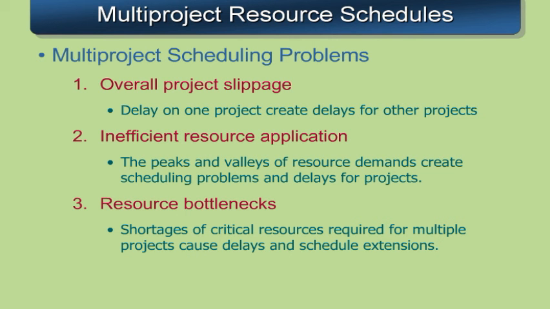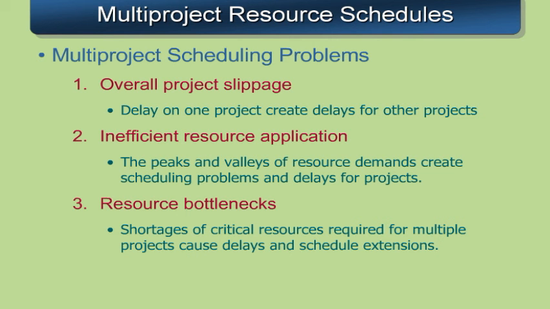The same resources we need to work on project A might be needed for projects B, C, D, and E as well. So what happens if there's a delay in one of the projects? Well, a delay in one project might create delays for the other projects if they're using common resources, if they're using similar equipment, if they're using the same people, whatever the case may be. In multi-project organizations, a delay on one project has its rippling effect.